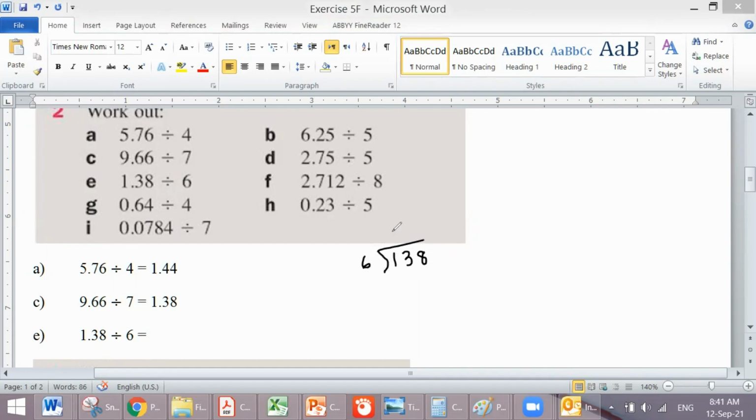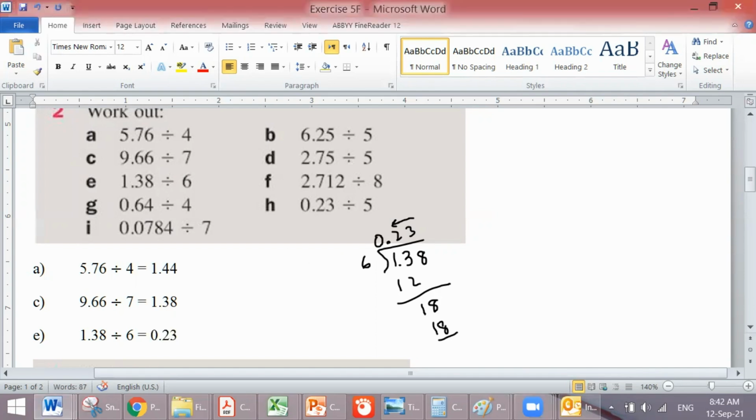Okay, now 6 2s are 12, and 13 minus 12 will be 1, and here I will bring down 8. Now 6 3s are 18. Yes, and my point is here. There are 2 values after the decimal point. I have to place this from right to left, 2 values. For my convenience, I can write 0.23. So here I will write 0.23.